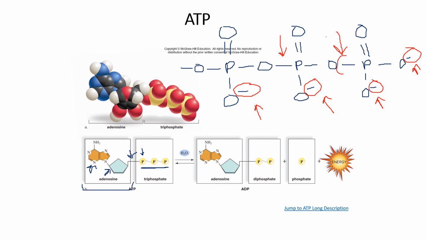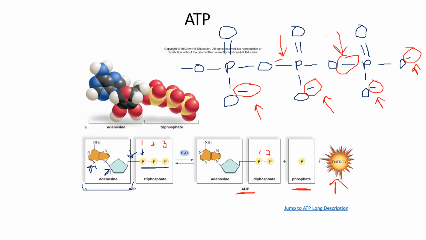Now typically we only break this last bond, so we end up with ADP, which is diphosphate. Di stands for 2. Or triphosphate stands for 3. And then we'll end up with a free inorganic phosphate, and we'll release lots of energy.